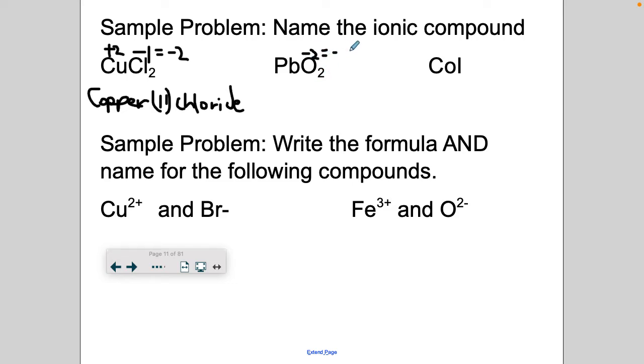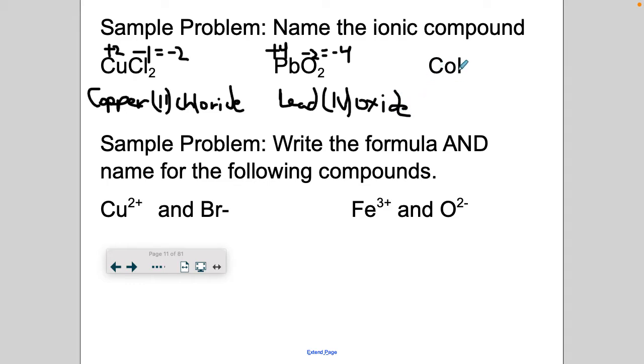So what is the charge of lead? Well, I only have 1 lead, so it's got to be a +4. So I'm going to say lead, and I think you need the Roman numeral on this one. So if it's D block, for sure you need a Roman numeral, but I'm pretty sure this is a Roman numeral 4. And then we change the ending of oxygen to oxide.